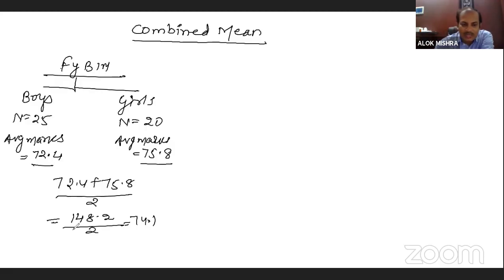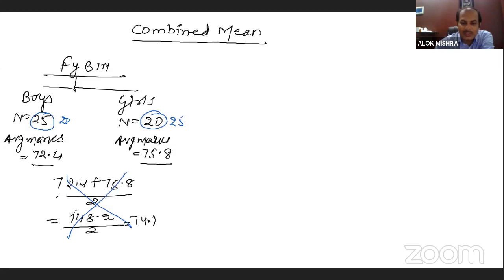Fine. Now what I have calculated is absolutely wrong. It would be right only when this value is 25 or this value is 20.